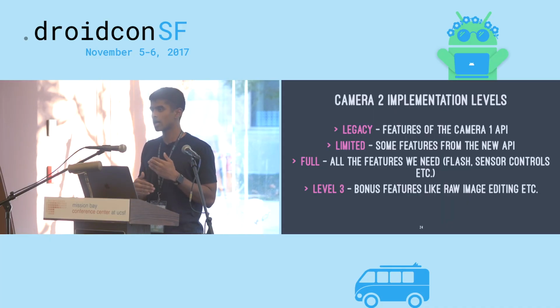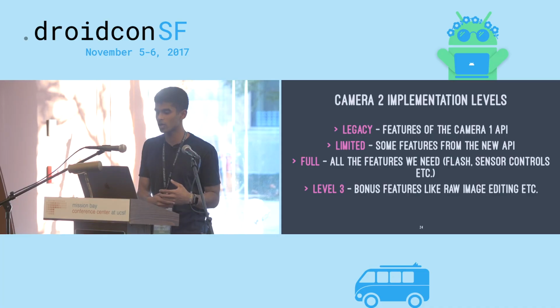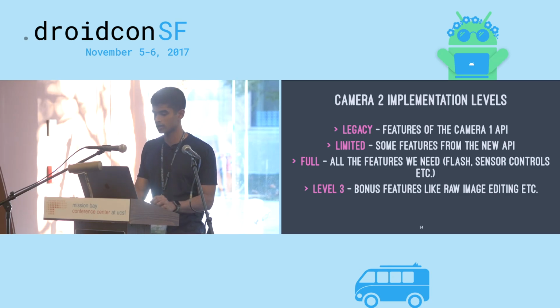Also, after camera 2 is implemented, there are multiple levels. There's legacy, which basically means they have the features of camera 1. There's limited, which means they have some features of camera 2. Then there's full, which means most of the sensor controls are there. And then level 3 is for stuff like raw image editing.